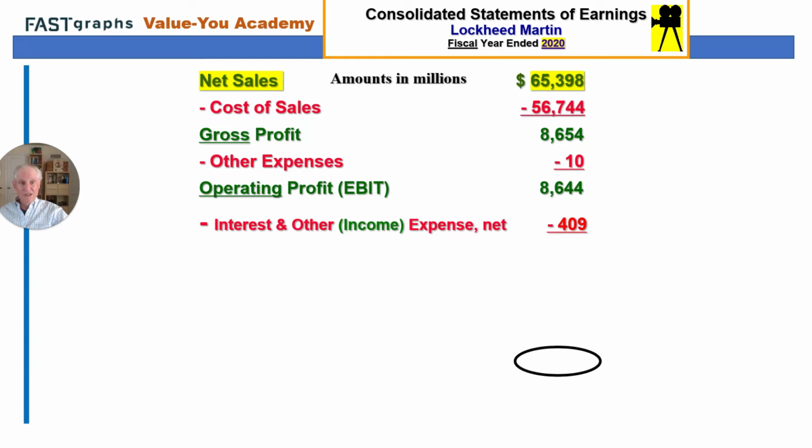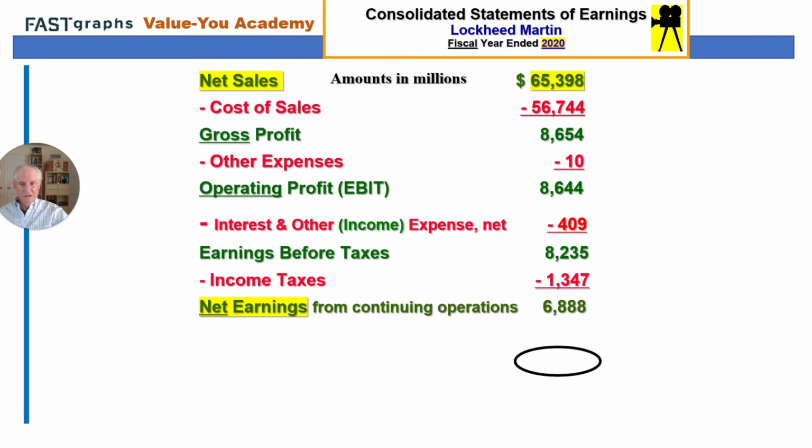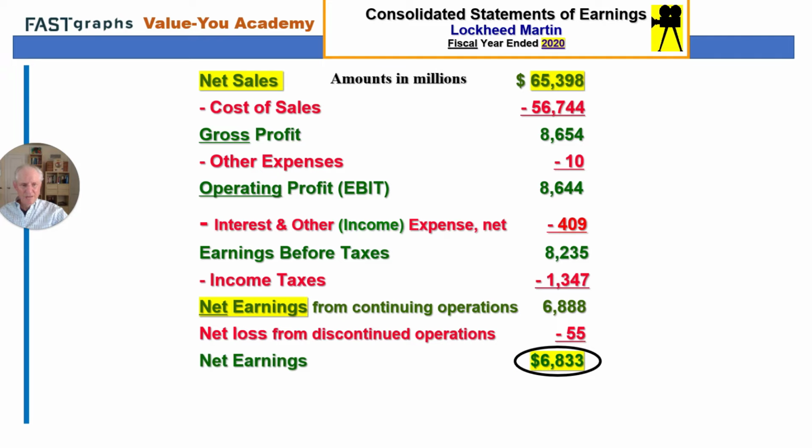They've got interest expense to service their debt. They're down to 8,235. They pay taxes of 1,347. Their net earnings from their continuing operations is 6,888. They've got something they closed out and they took a loss on. So that's a discontinued operation. So we show that as a separate line item and we're down to 6,833.